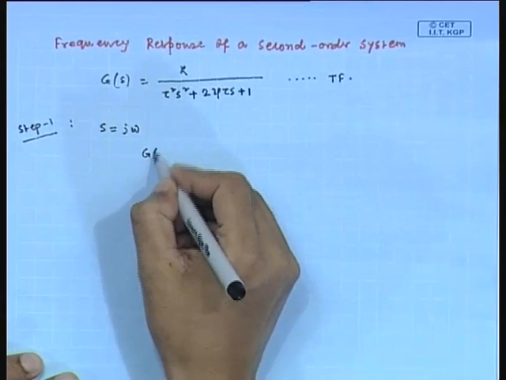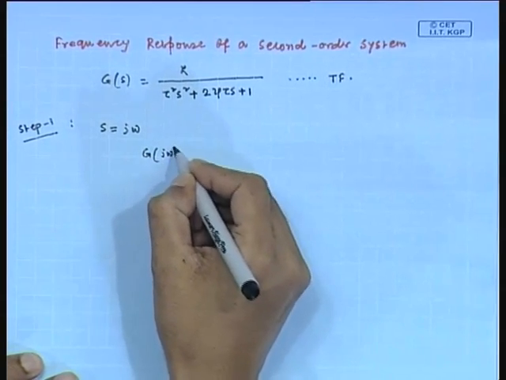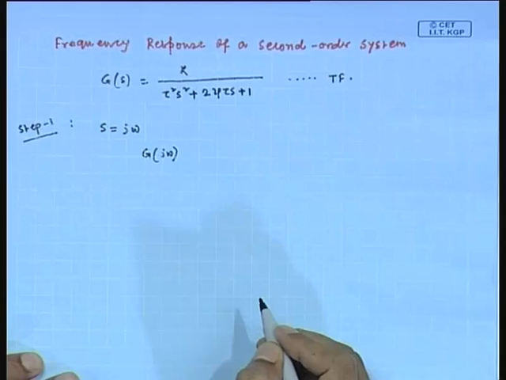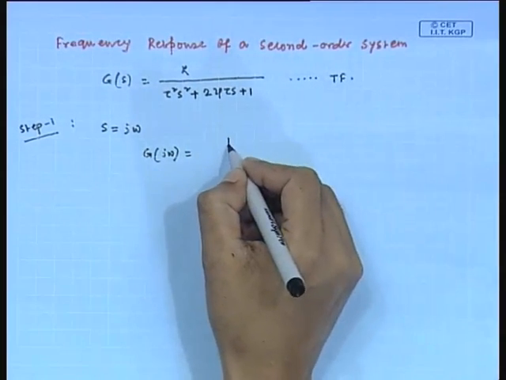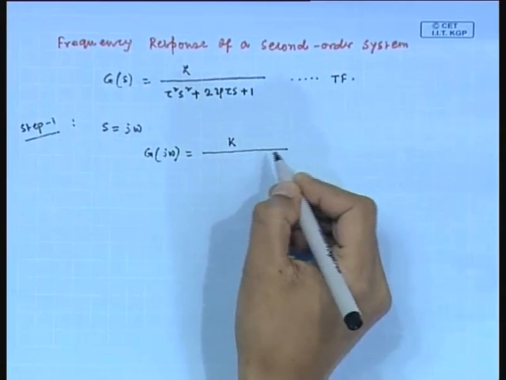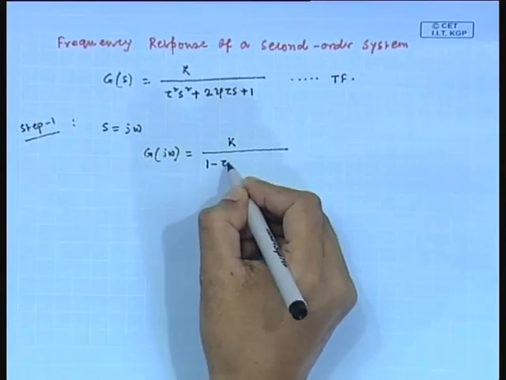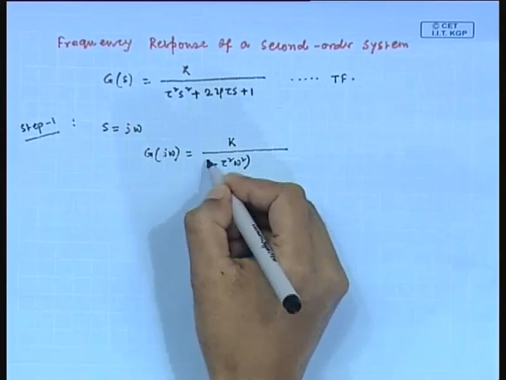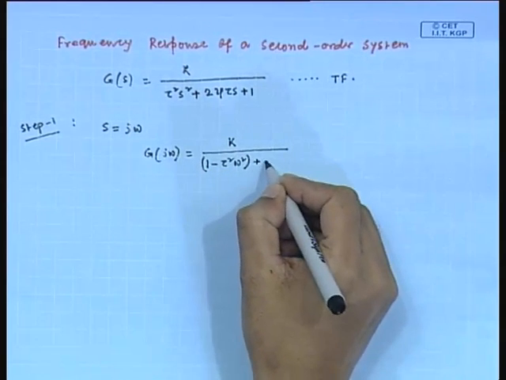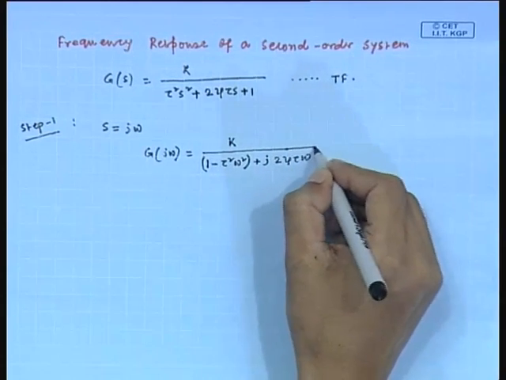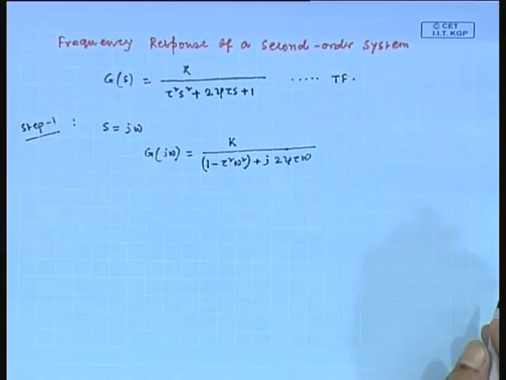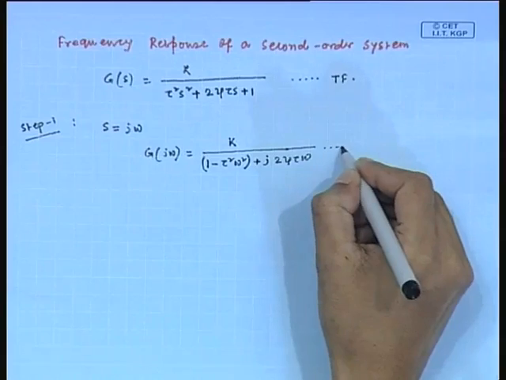So, the frequency response transfer function represented by G(j omega) becomes k divided by 1 minus tau square omega square plus j 2 zeta tau omega. If we substitute s equals j omega, we get this form. This is the frequency response transfer function.